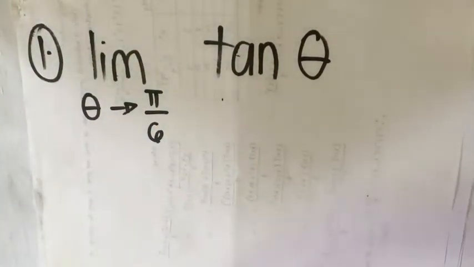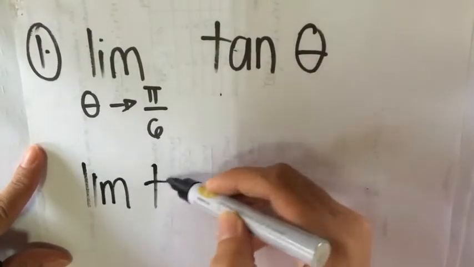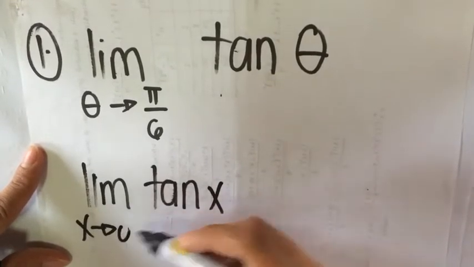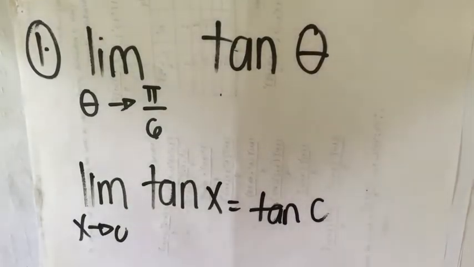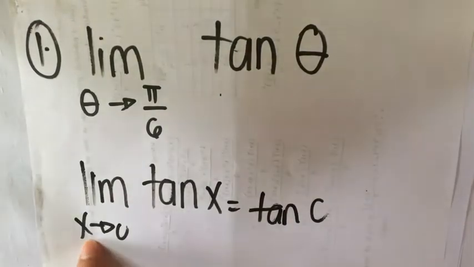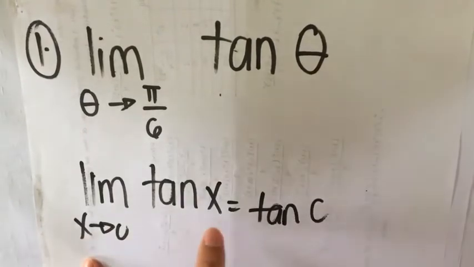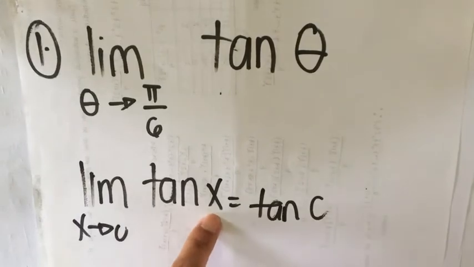If you watched my previous video, it simply told us to use direct substitution. The theorem says that the limit of tan x as x approaches c is equal to tan c. So you simply substitute whenever x approaches the variable inside your trigonometric function.